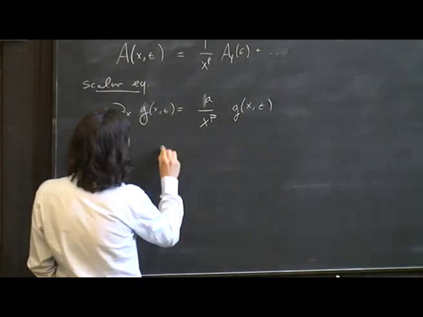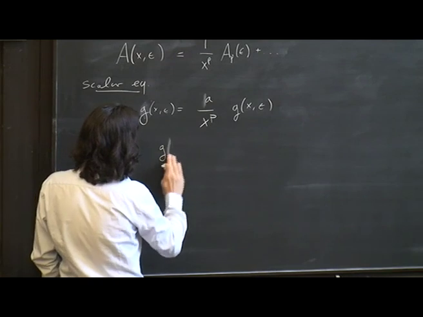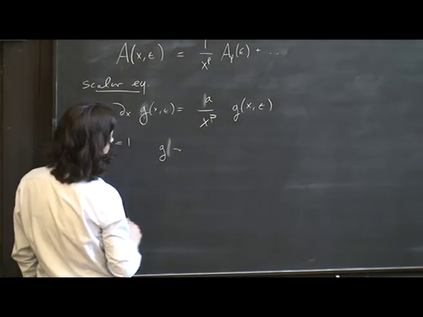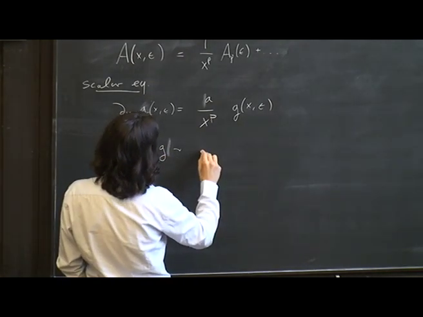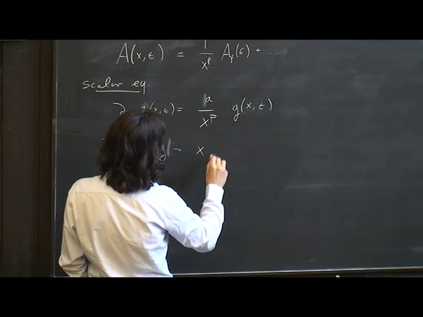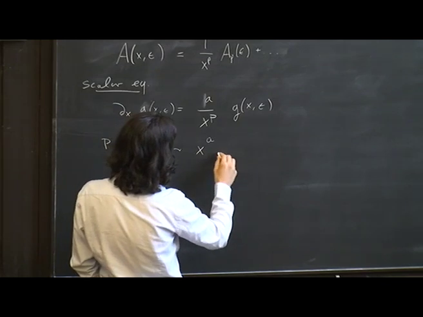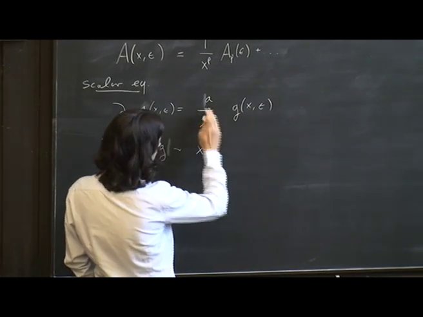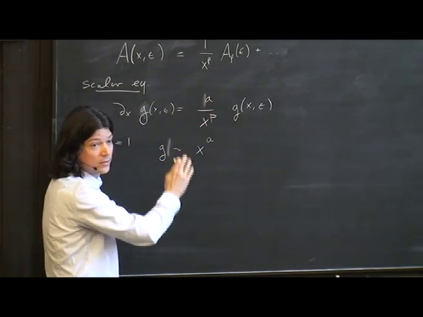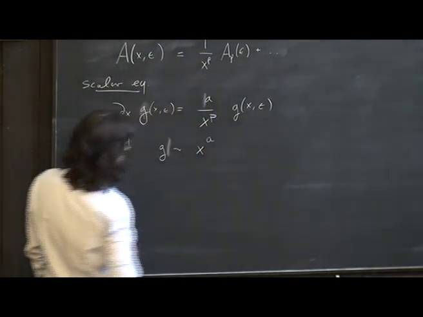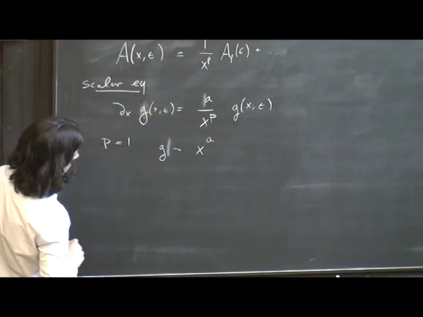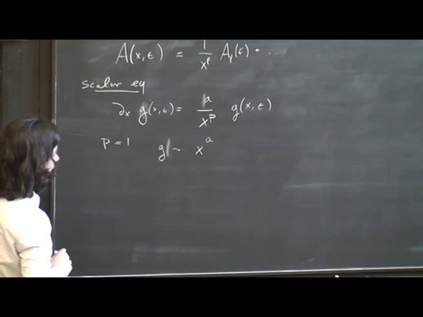What happens if p equals 1? Well, if p equals 1, then we can solve this. Then g would behave as x to the power a times some function. In this case we've truncated the equation, we've just kept the most singular term, and in general there would be some other terms that follow.